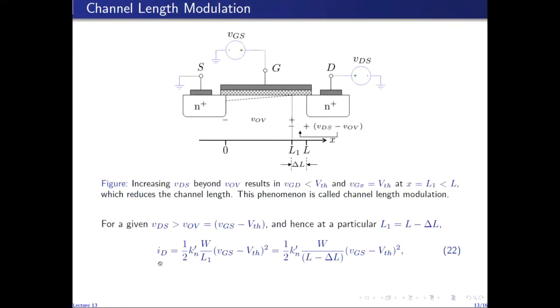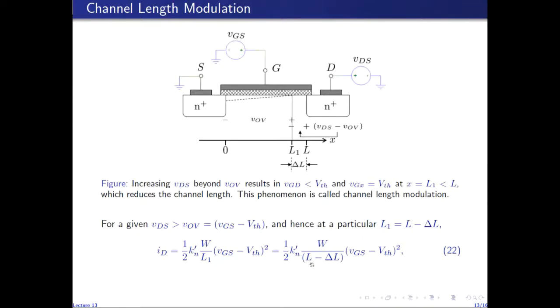So in this case, we can see that the drain current, which is given by this expression, depends on L and delta L. So if we have two devices, and if the operating conditions are exactly the same, that is, the VDS beyond VOV is the same for the two devices, then delta L is the same for the two devices.